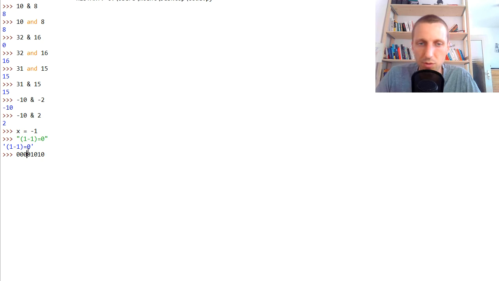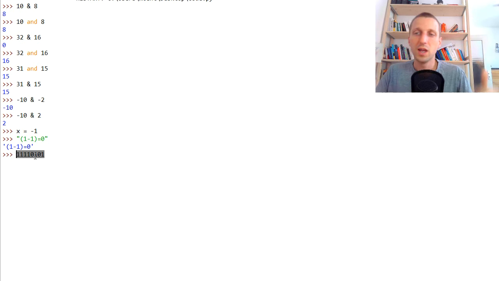This is the binary representation of my decimal 10. And now we flip all bits. So we get 1, 1, 1, 1, 0, 1, 0, 1. And this is my number -11, the complementary binary representation.